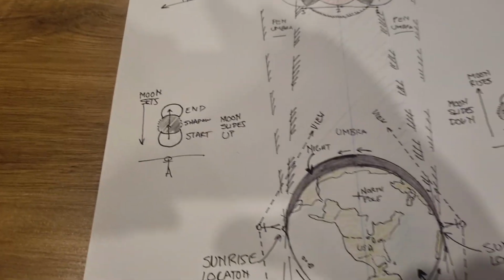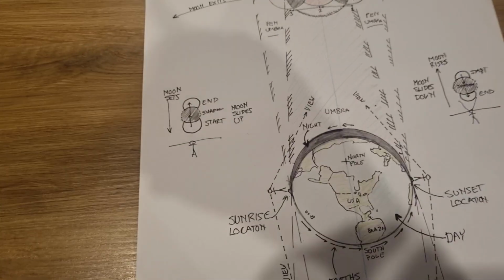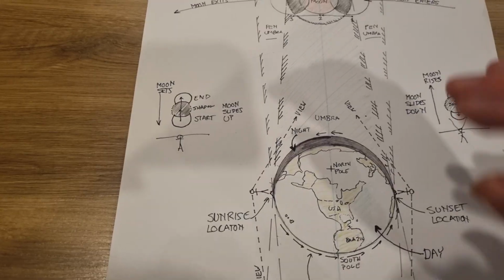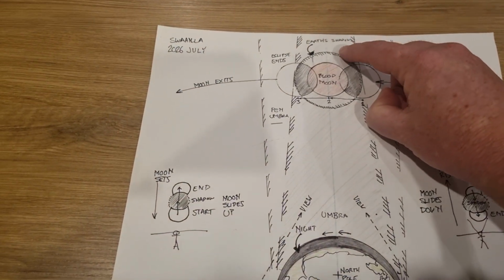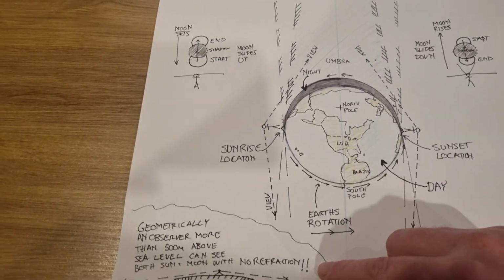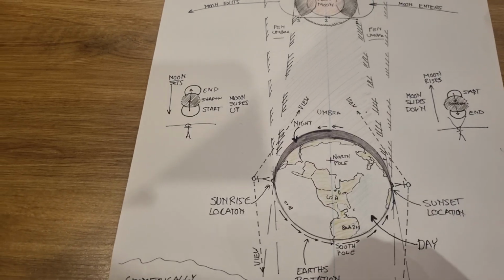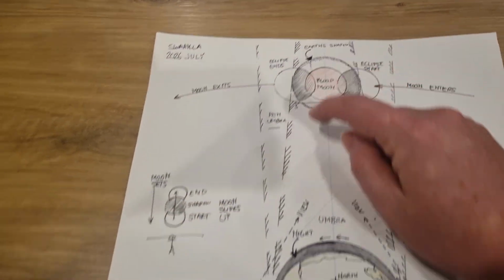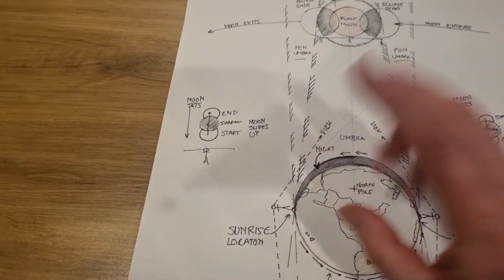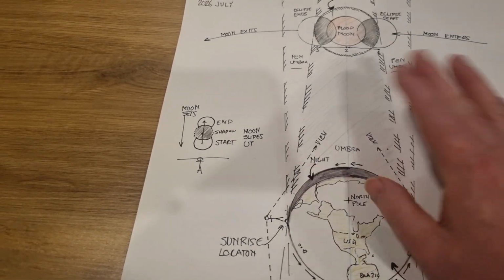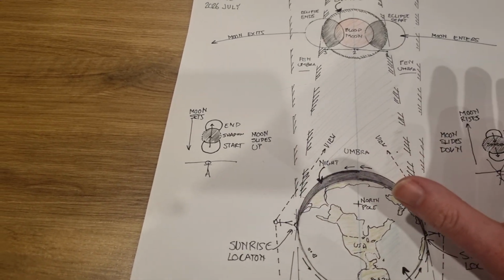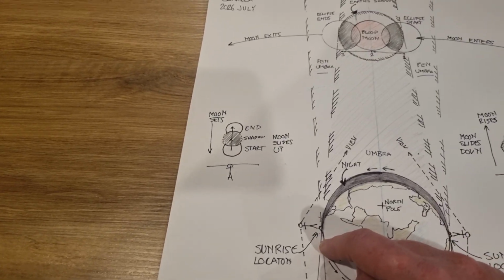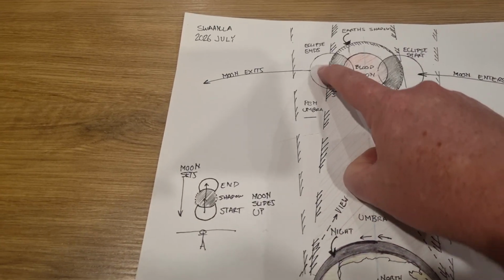But the thing about Selenelion is that it's those certain minutes where you have the red moon that way and the sunrise this way. As soon as the sun is fully up, the moon's already set. It's like 2 to 3 minutes later, it should be completely set. It should be gone. So a person who's in the sunrise location should not see this.